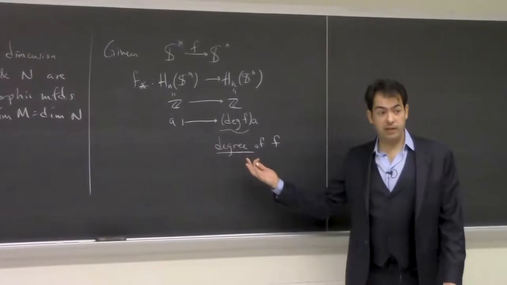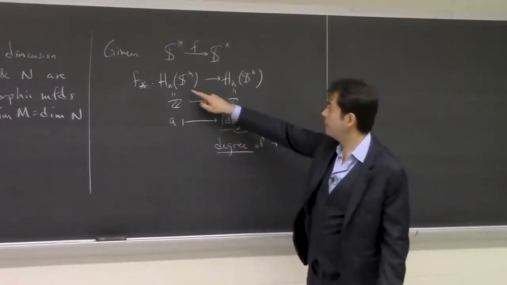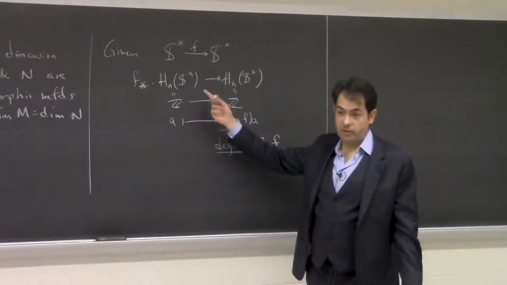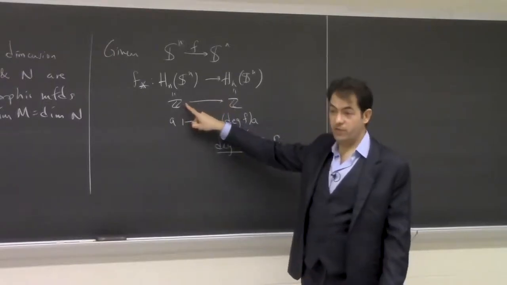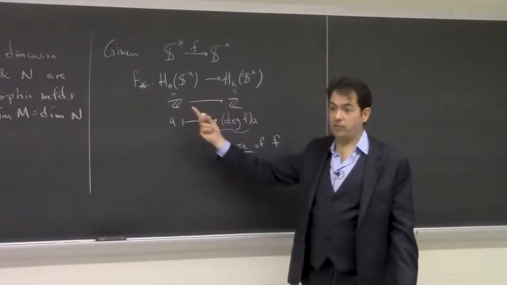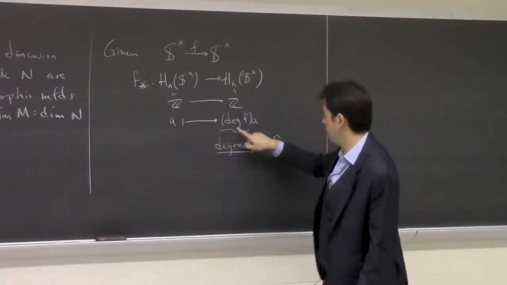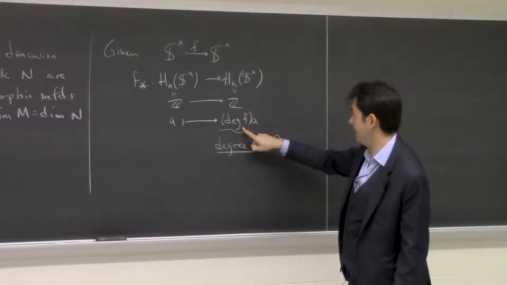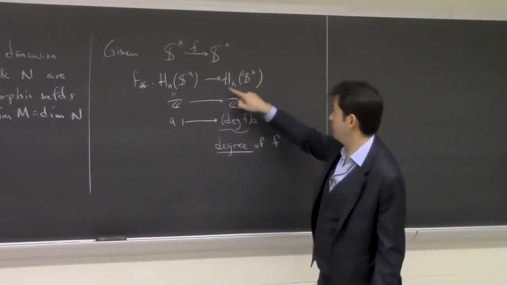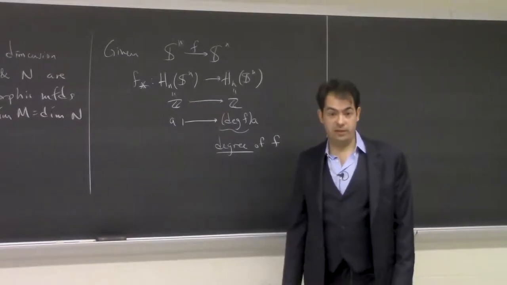Okay, so implicit here is that we have a preferred isomorphism with the integers, right? Because since you have two generators, you always have another isomorphism by just flipping the sign, right? So in order to make sense of this without any sign ambiguity, we have to have fixed isomorphisms with the integers.